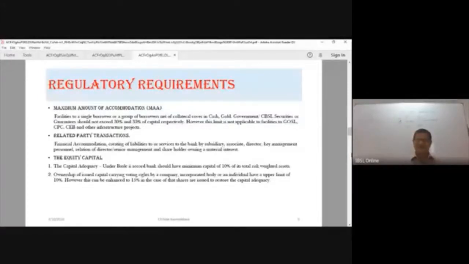So they have identified risk, they have measured it, now they have done the response. While doing this response, I also said single borrower limit. Now, single borrower limit is a regulatory requirement, which the central bank has given. What does the central bank want in this?